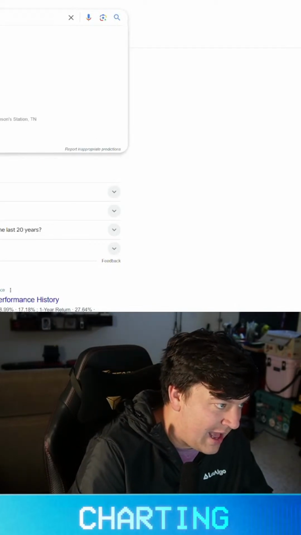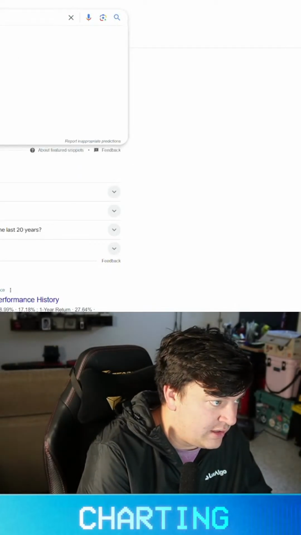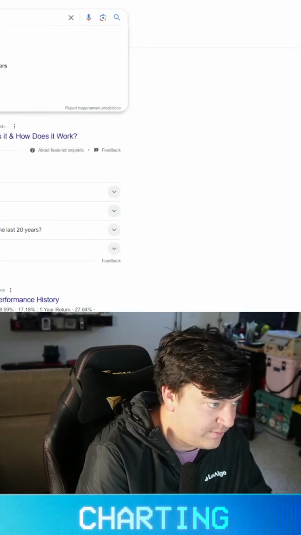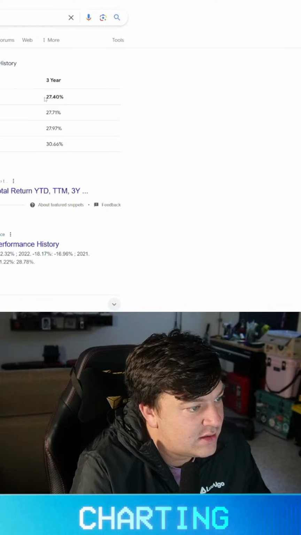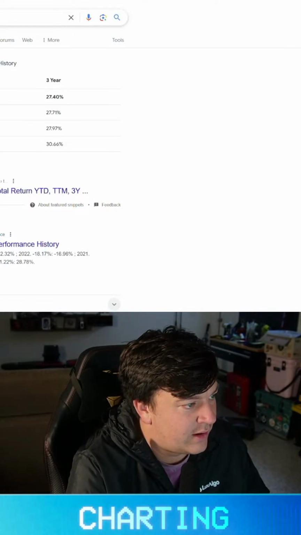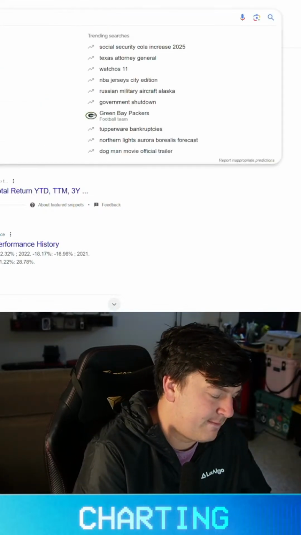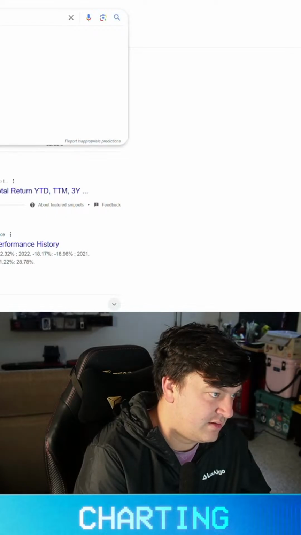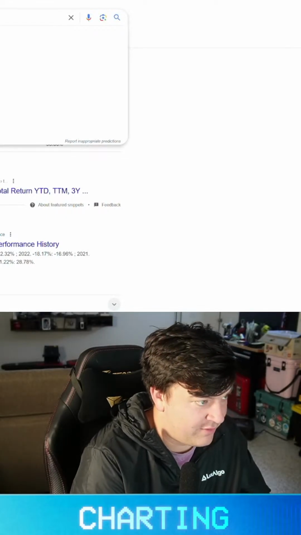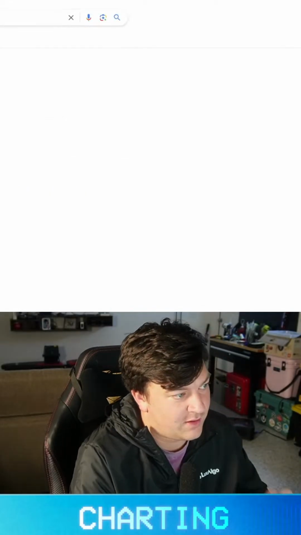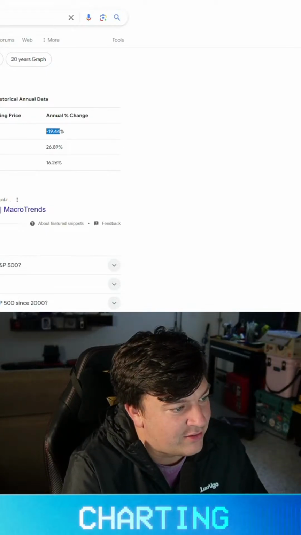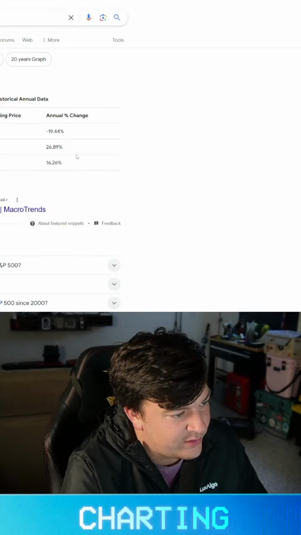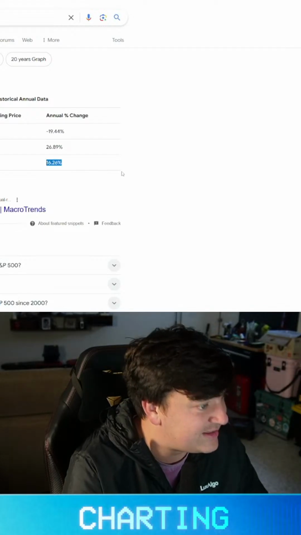Let's see, last few year returns on SPY. Last 3 years, 27%. Wait, hold on. Previous S&P 500 returns. Okay, here you go. 2022, down 19%. 2021, 26%. 2020, 16%.